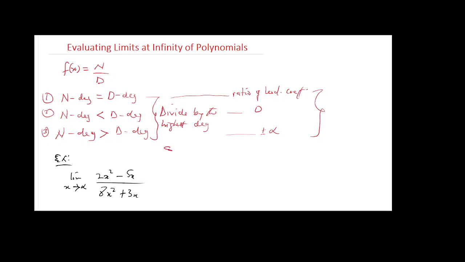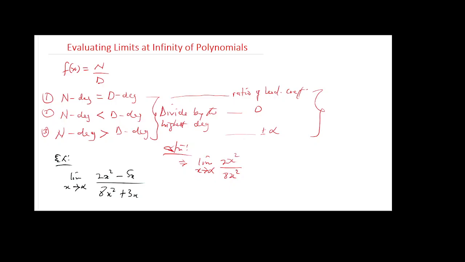Remember, we can always apply the shortcut, which is the first rule. Consider only terms with the highest degree on both sides. So it will imply that we will have the limit as x approaches infinity of 2x squared, which is the highest at the top, all over 8x squared.